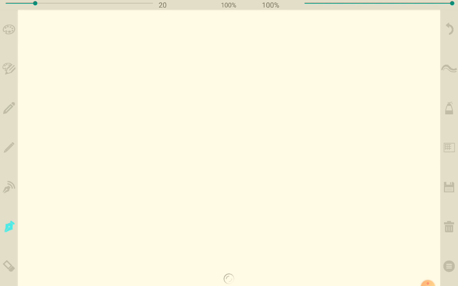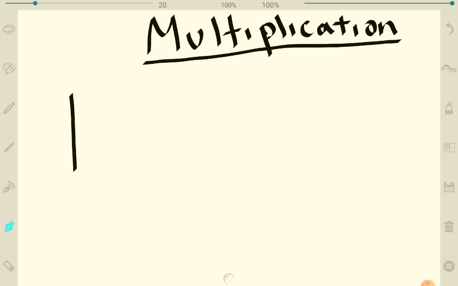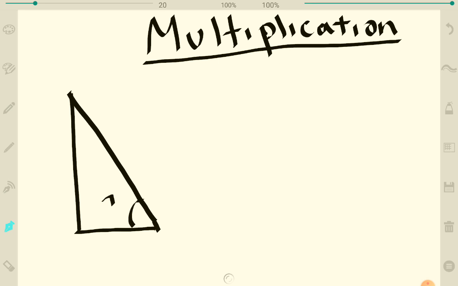So I'm going to be doing 3 multiplication problems right now. In our multiplication problems, we can do this one, where this would be 74 degrees, this 90-degree angle, this would be x, that's the side we are trying to find, and we only have 24 for right now.